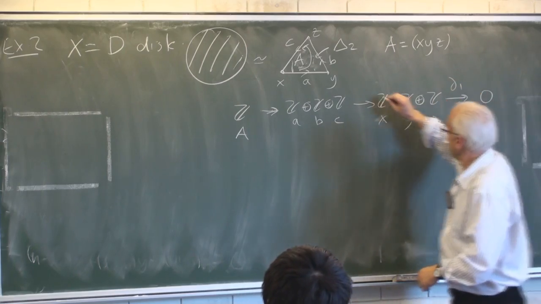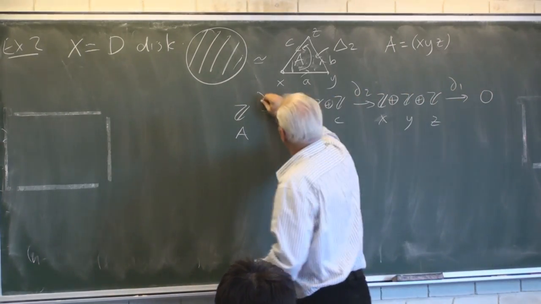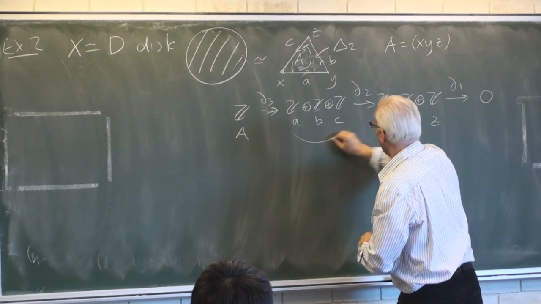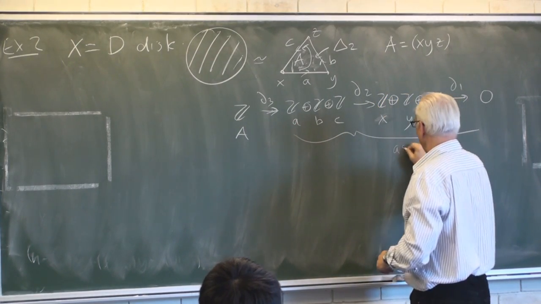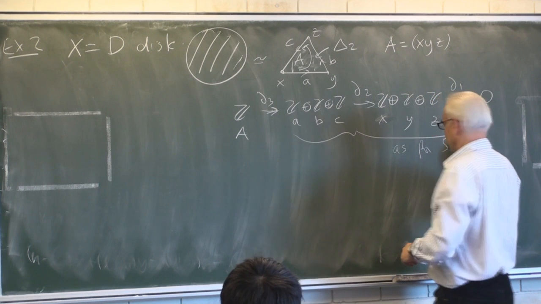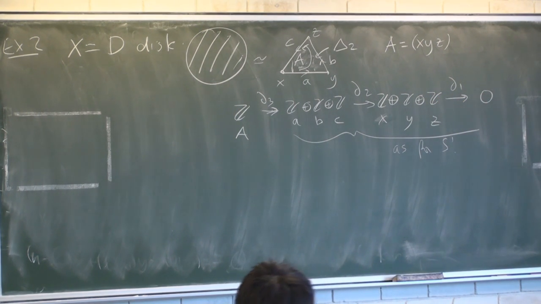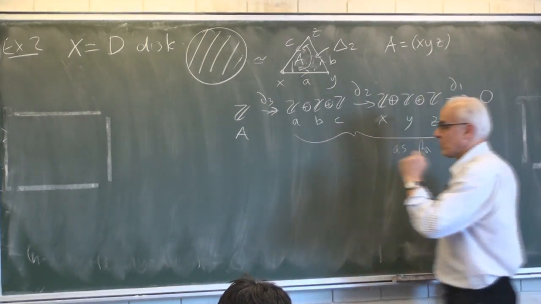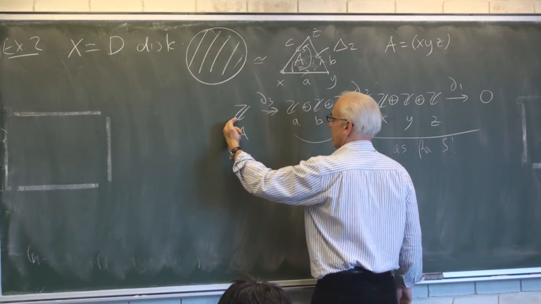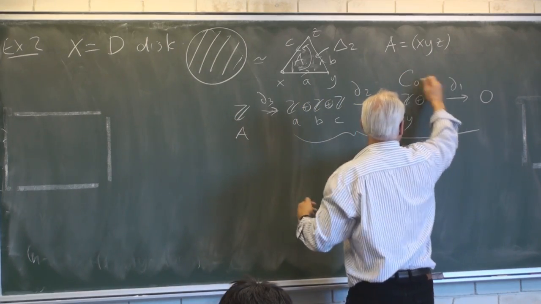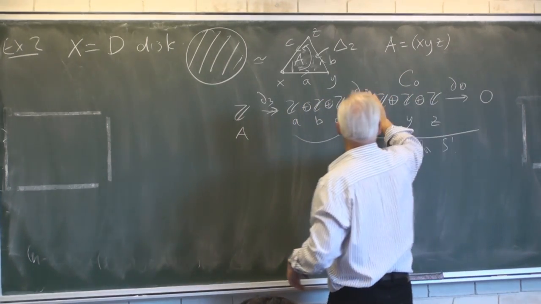So del 1, del 2, del 3. This part is exactly the same as before, same as for the circle. Sorry, this is C0, del 0, del 1.